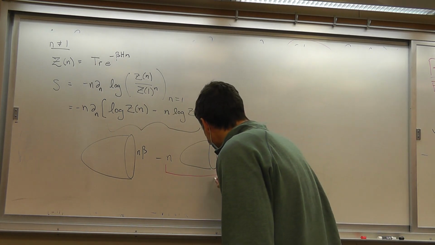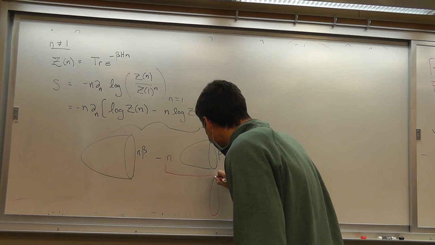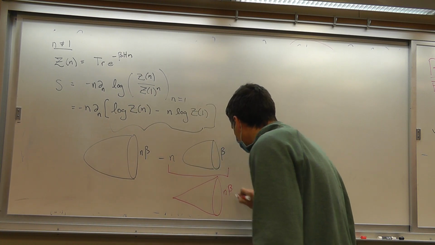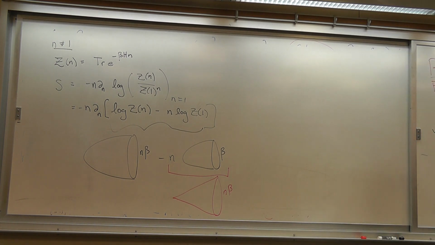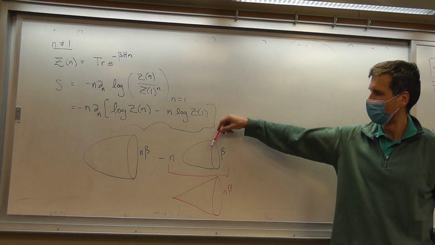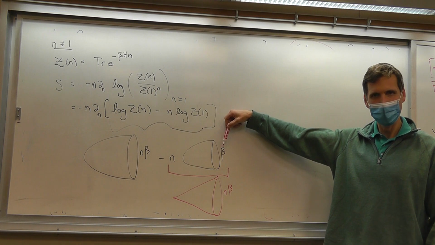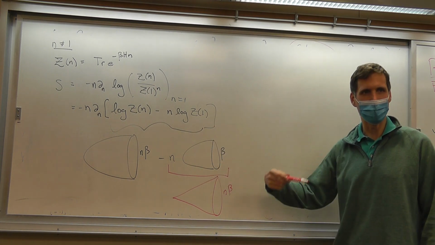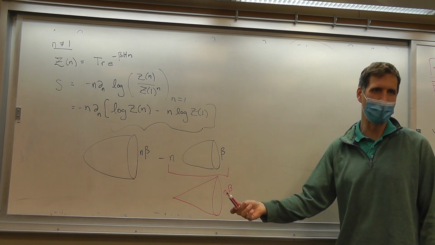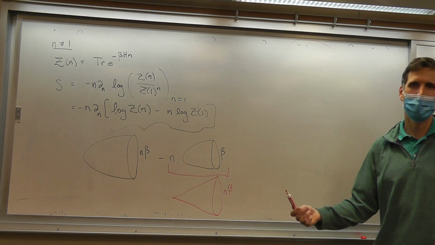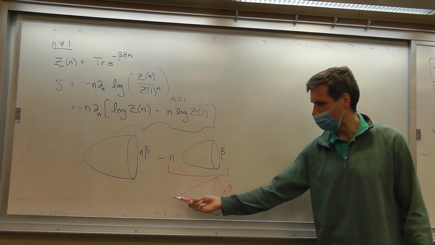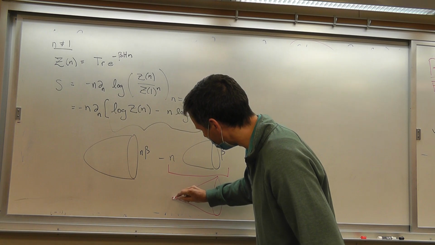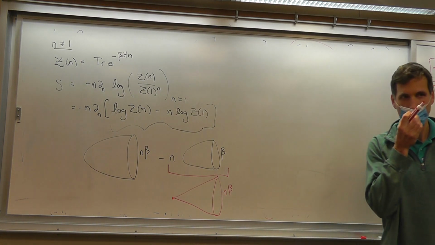Okay, so I'm going to think of this as being the action for a metric which is the metric at temperature beta, but where I've artificially decided that the coordinate has period n beta. And when you do that, you get a conical defect, because I didn't change the metric. Okay, so this point is a conical excess.